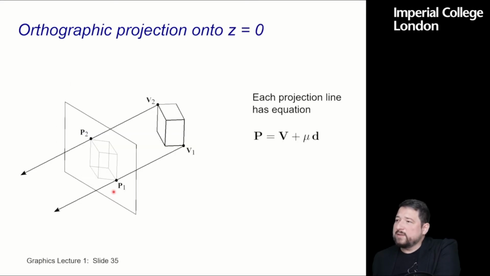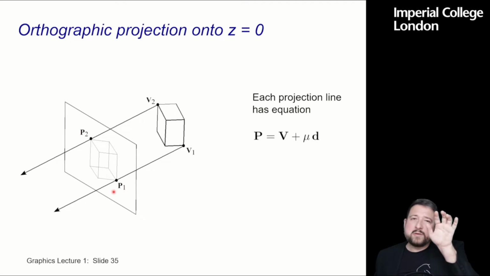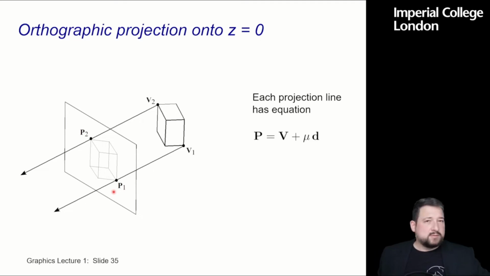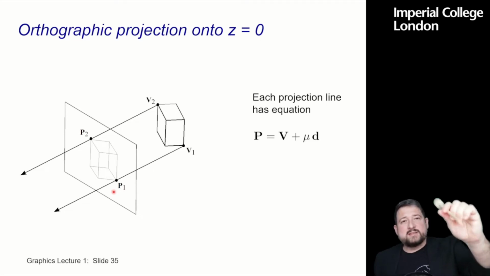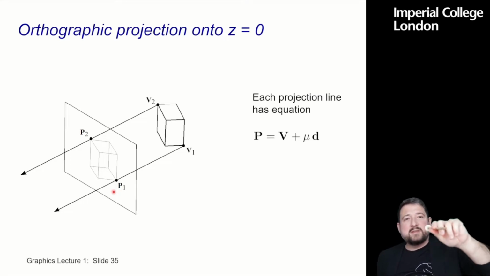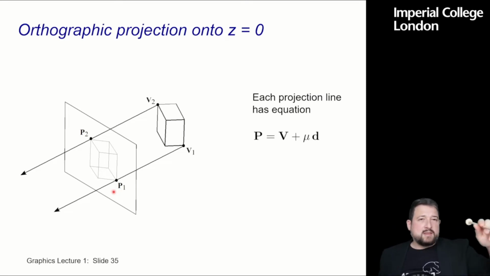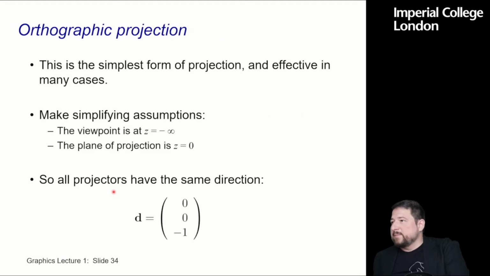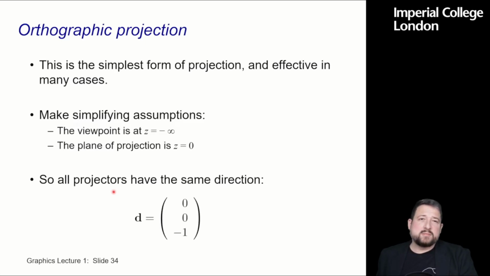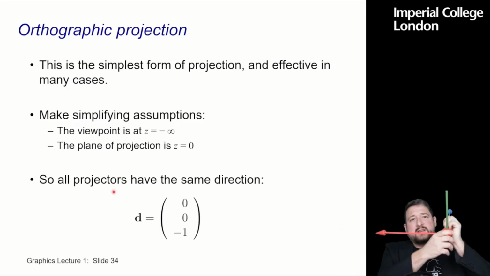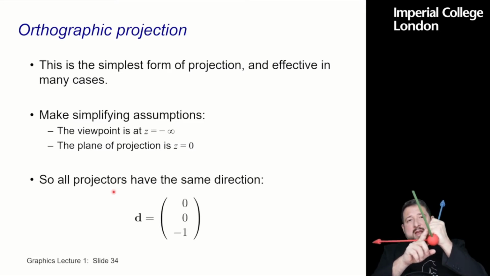All of the viewing rays coming out of your eye, hit me somewhere here, and then all of them suddenly become parallel. What this would give us is, probably we also need another assumption. We can also say, okay, our viewing plane is at Z equals 0. So our viewing plane lives in the XY plane.